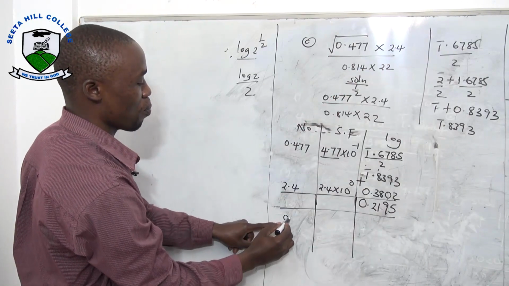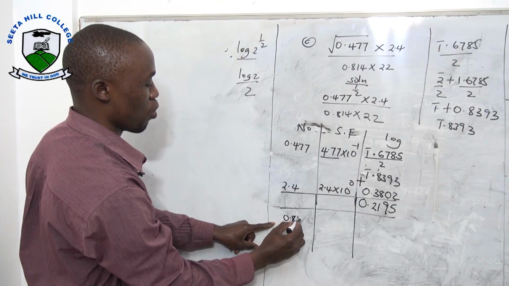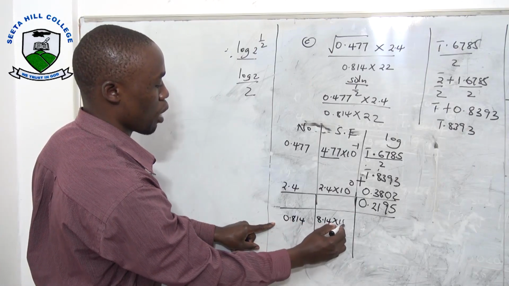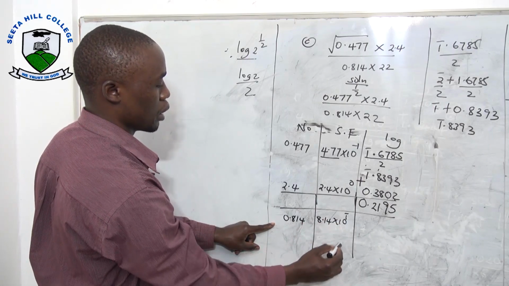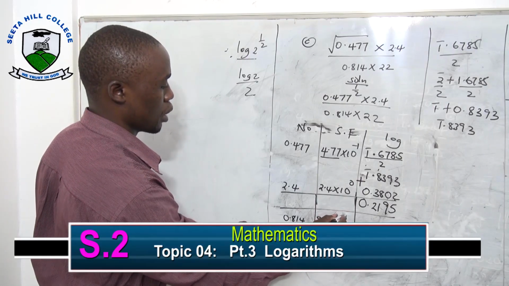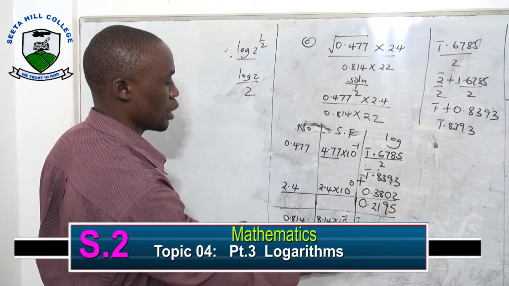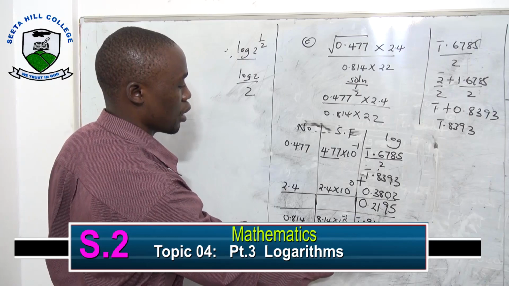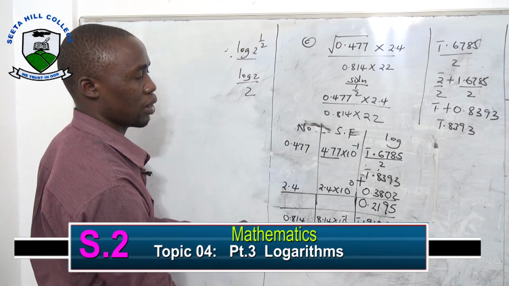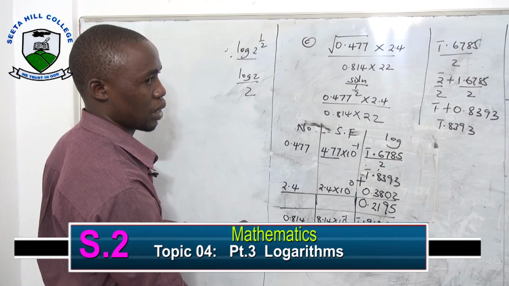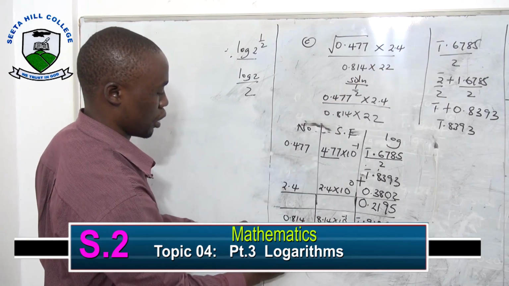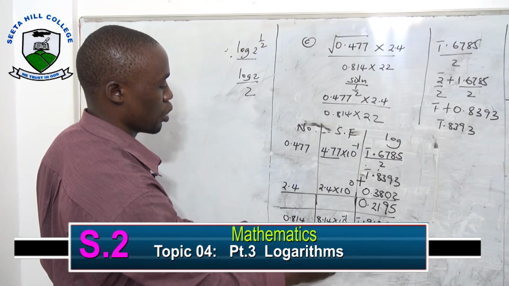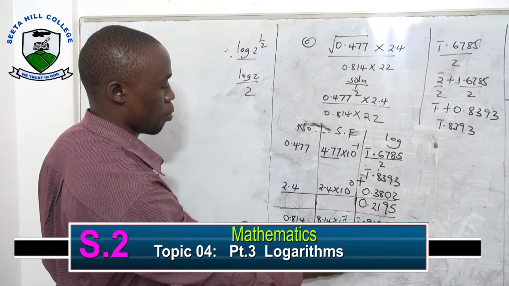So 0.814, 8.14 times 10 to the power what? Negative 1. See? Therefore it becomes this, 0.9106. 0 what? 6. So 2 point what? Times 10 to the power what? 1. Put it here.